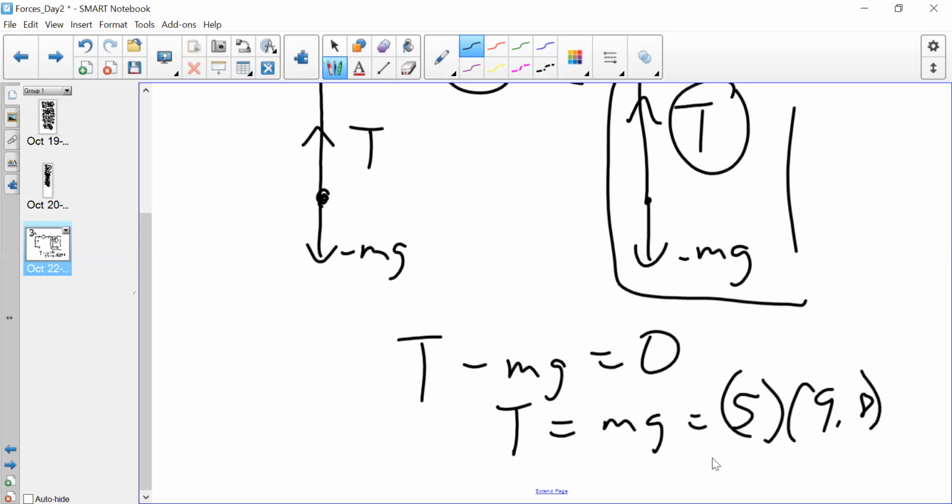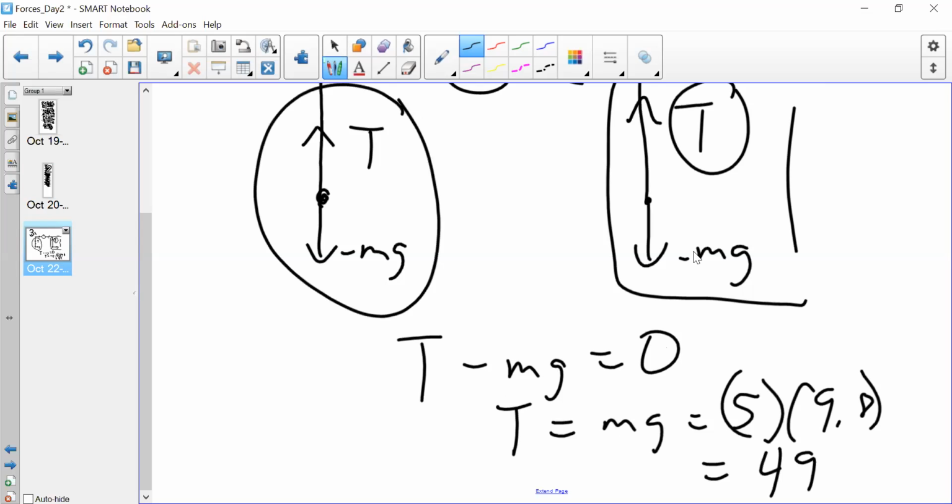What does the scale read? This is also 49. It's 5 and 5. Does it read 100? 50? 0? Anyone? No guesses? Would it be 100 because there's two tensions, one on either side?